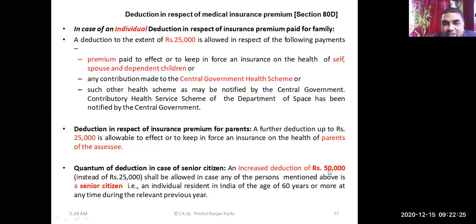So increased deduction of 50,000 shall be allowed in case the person mentioned above is a senior citizen. That means for the self, spouse, and dependent children 25,000. For parents 25,000 additional. If parents are senior citizens, then instead of 25,000 it will be 50,000.